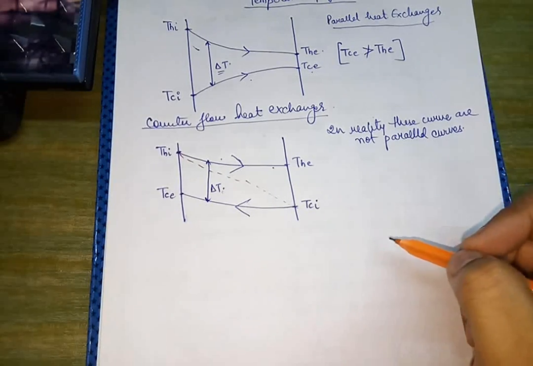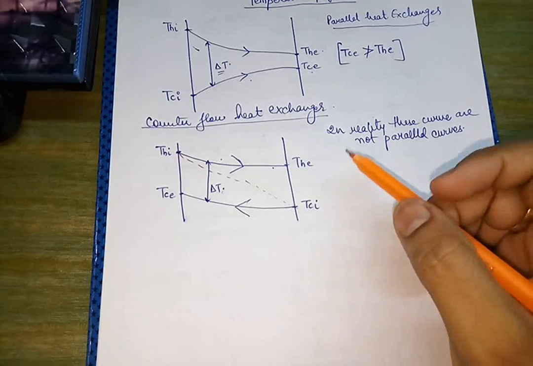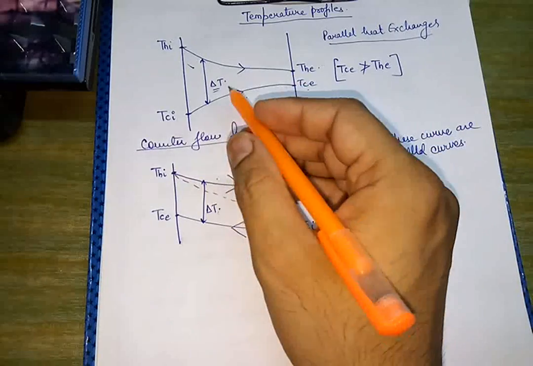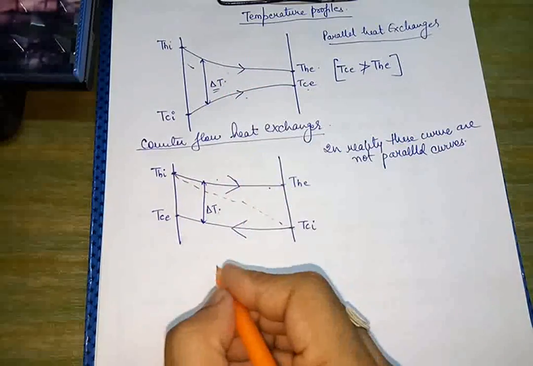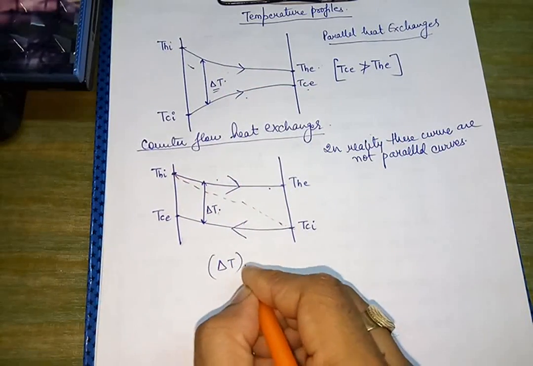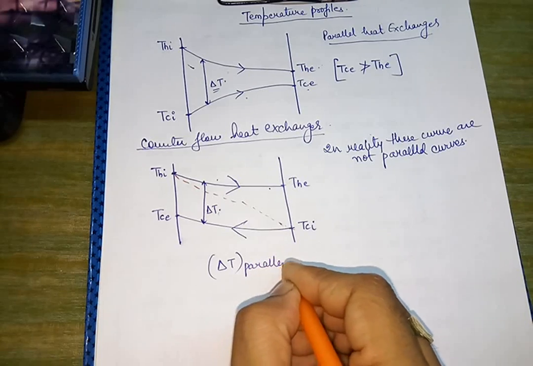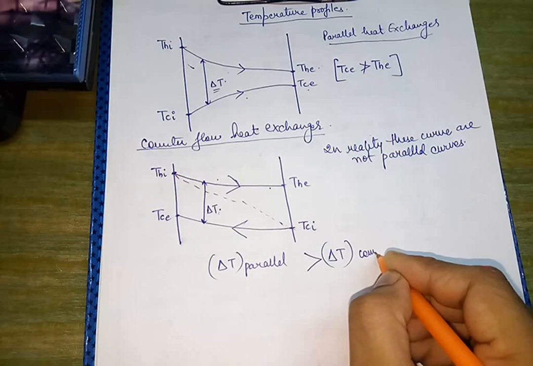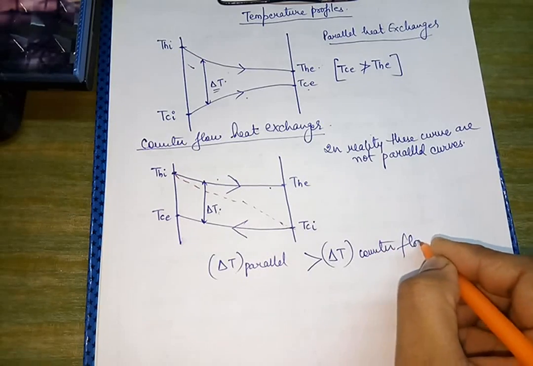Okay, so these are the temperature profiles in case of parallel and the counter flow. Now if we observe and analyze, the delta T in case of parallel flow is actually greater than the delta T in case of the counter flow.